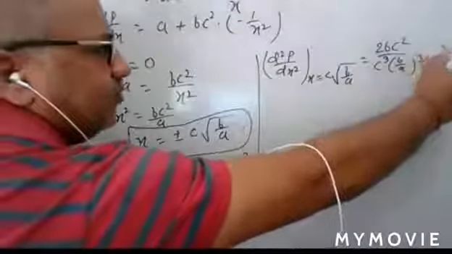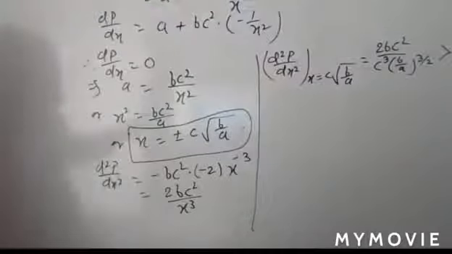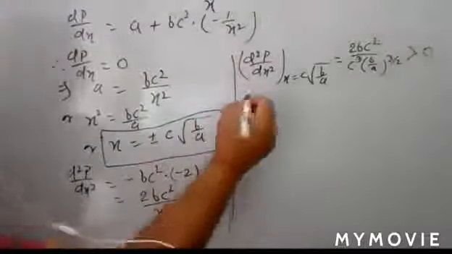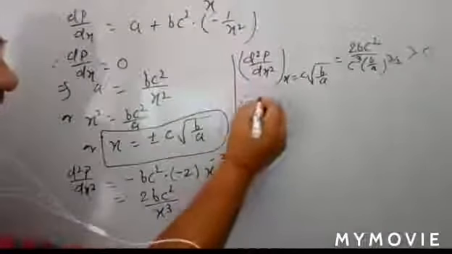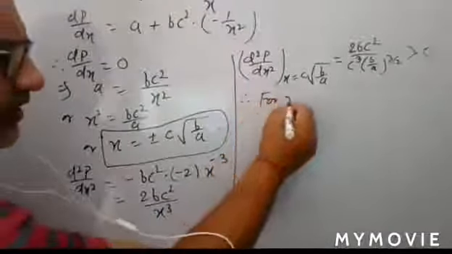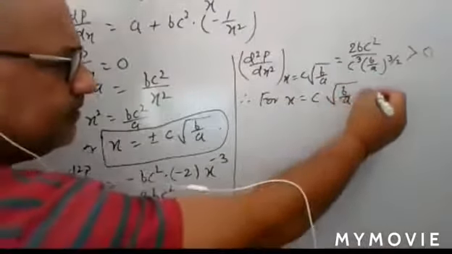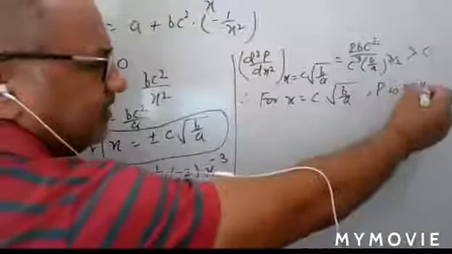And that complete quantity is greater than 0. Hence for x is equal to c under root b by a, p is minimum.